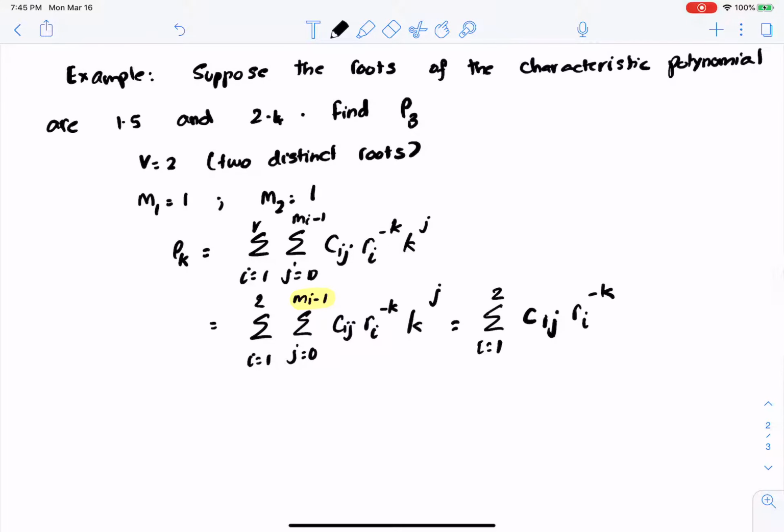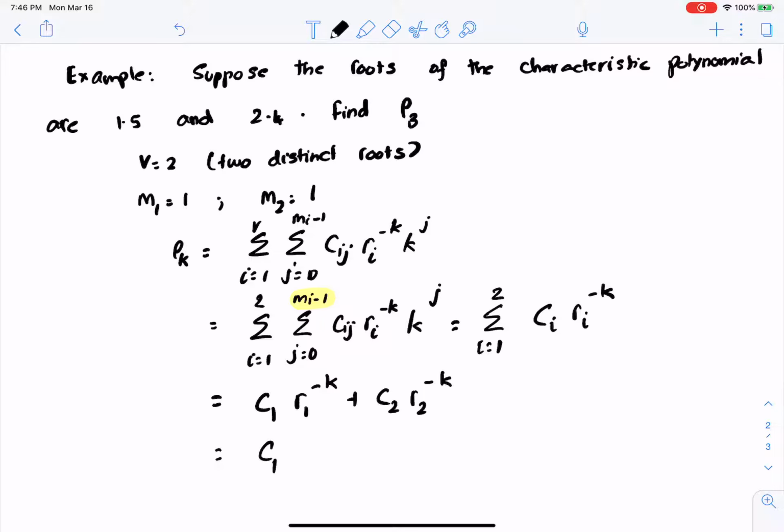So if we plug in the values of the roots, and I'm going to get rid of the j part of the ij because the sum just dropped itself, we would end up having c1 times the first root raised negative k, plus c2 times the second root raised negative k.